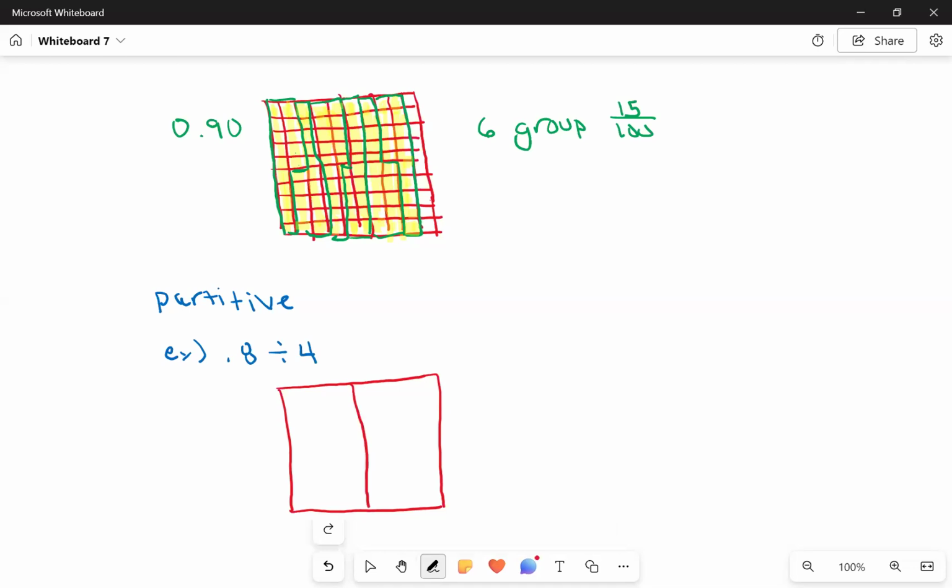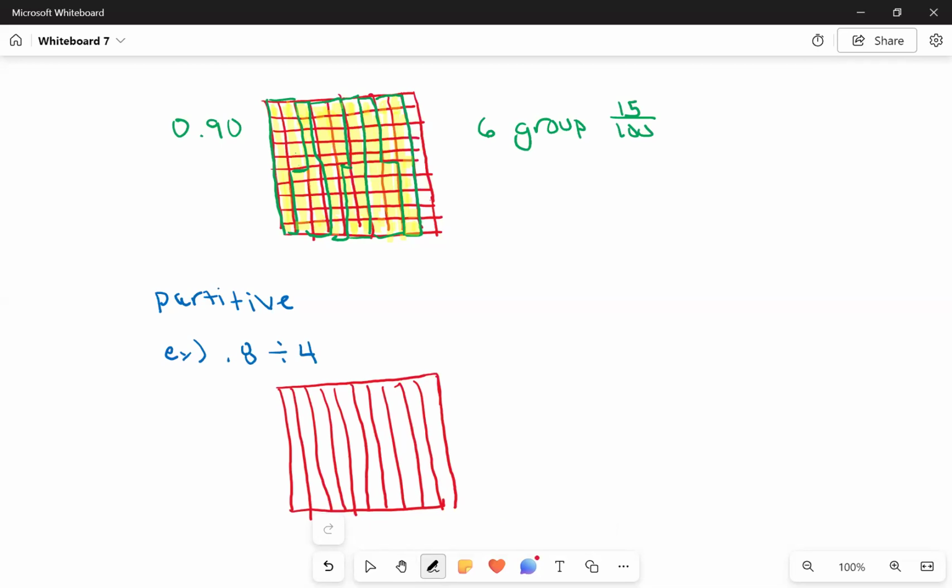Trying to cut it in half. There we go. 1, 2, 3, 4, 5. 1, 2, 3, 4, 5. And then we will shade 8 of them. Okay.